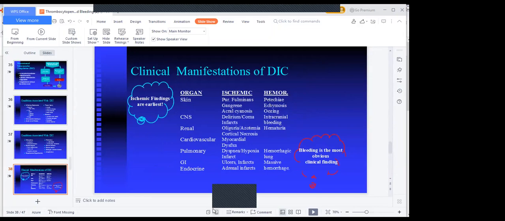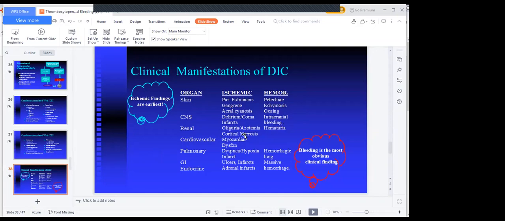This is the clinical manifestation of DIC by organ. If the skin is involved: ischemic purpura, gangrene, hemorrhagic petechiae, and oozing. If the CNS is involved: delirium and coma, and in the hemorrhagic form, intracranial bleeding.